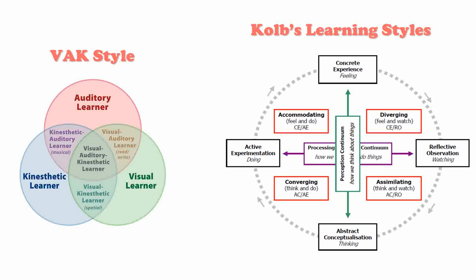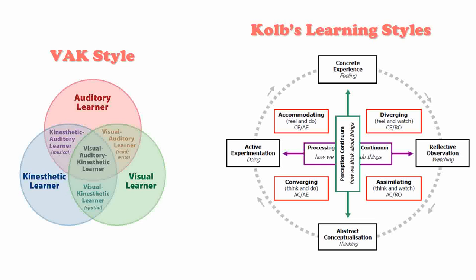Now, if you look at Kolb's learning style, it's a slightly more evolved, developed method of how we look at it. So if you look at it, the concrete experience at the top is where people learn by feeling, whereas down at the bottom, abstract conceptualization, where people learn by thinking, and on the extreme to your left, active experimentation is doing.